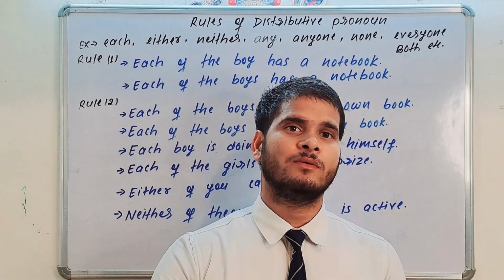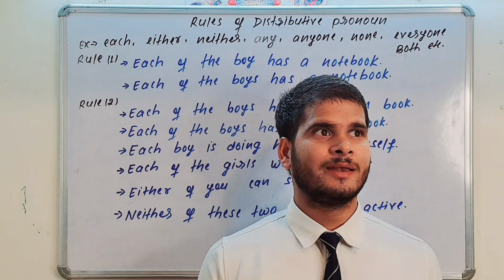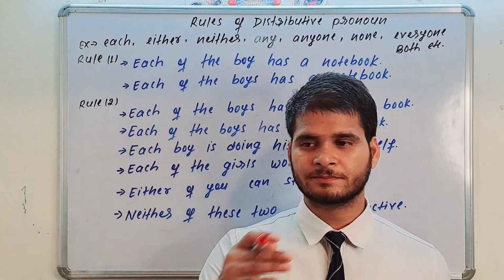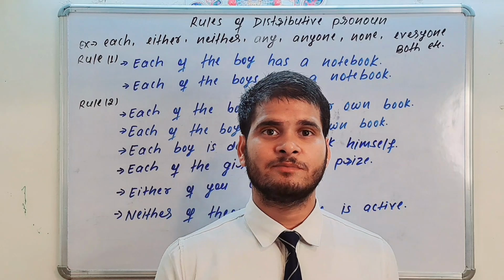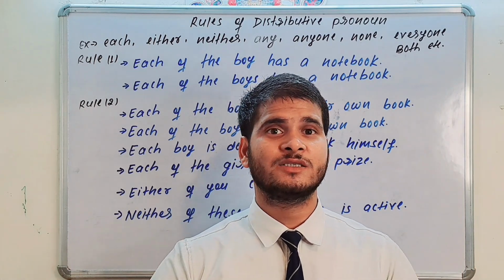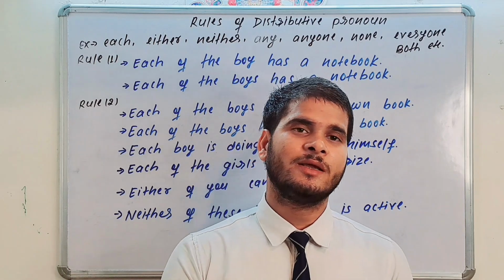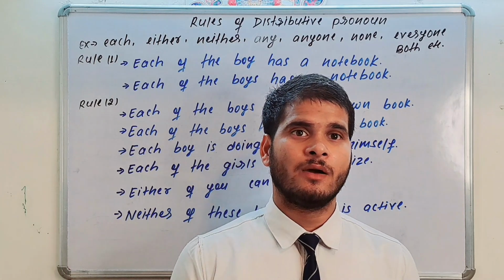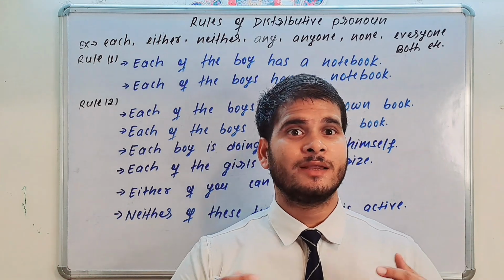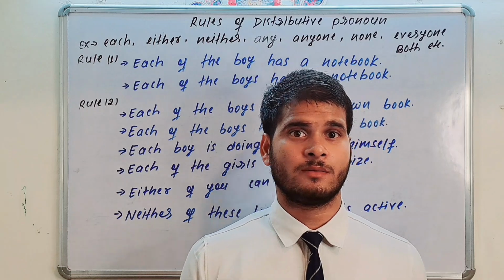So the pronoun which is used as distribution of a noun, and a noun can be anything around you, is simply a distributive pronoun. You can distribute anything around you, in a sentence, in your conversation, in your real world.